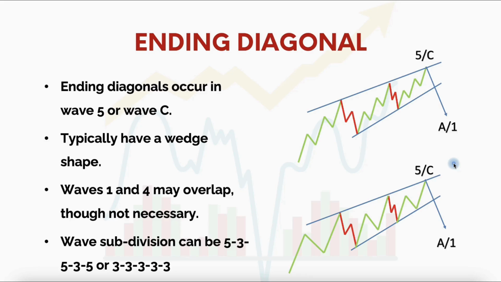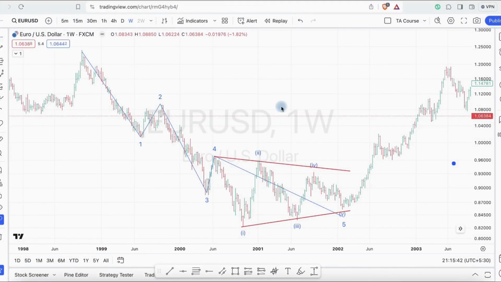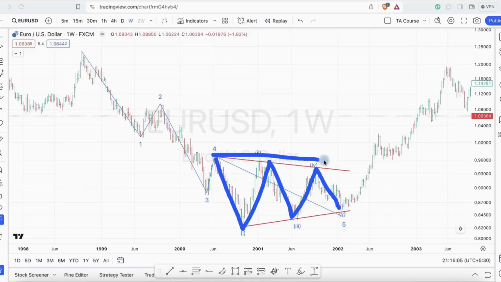Let's also take a look at it in the charts. So here I have Euro USD open weekly chart again, and here you can see this is some degree of 1, 2, 3, 4, 5 waves, and here the fifth wave actually formed in shape of a triangle, right?